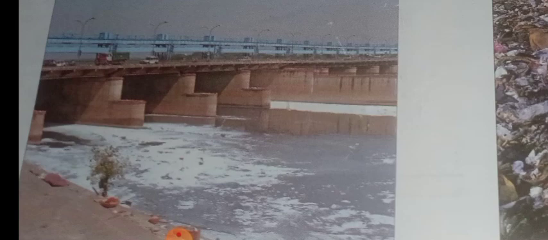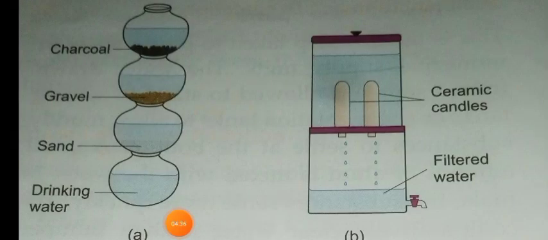Cholera, typhoid, dysentery, gastroenteritis, and hepatitis are some examples of such diseases. Okay, children, these are the examples of some waterborne diseases. Water fit for drinking is called potable water. So the drinking water is called potable water.